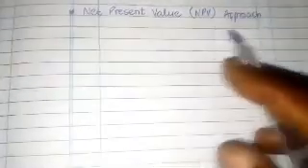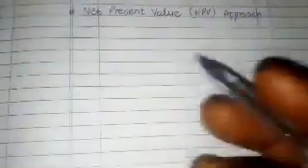The net present value approach. Now let's take, for example, supposing the cost of a project is 80,000 naira, and the project is expected to span 4 years. That's year 1, year 2, year 3, and year 4.